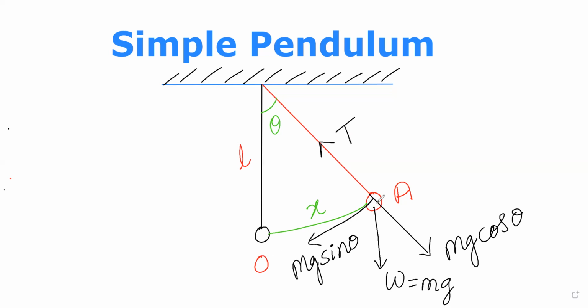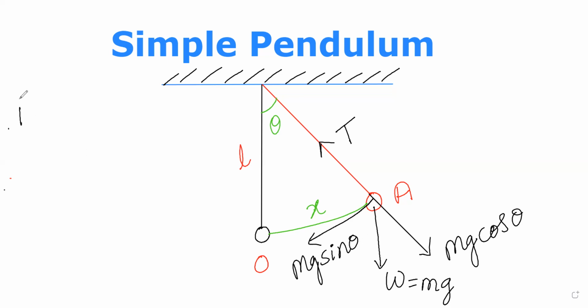There is a restoring force which will bring the pendulum from A to O. So there are different forces acting on the body. One is the weight mg, which is split into two rectangular components. One is mg cos theta, which balances the body. The other brings the body back to the original position, that is mg sin theta.